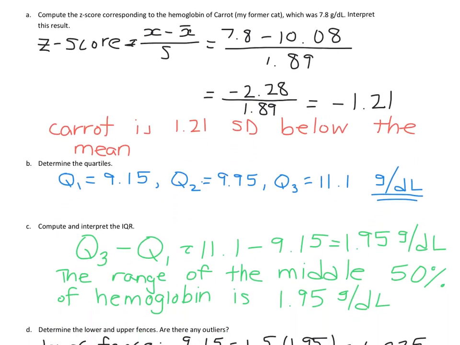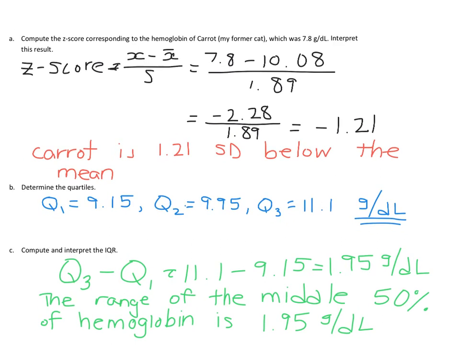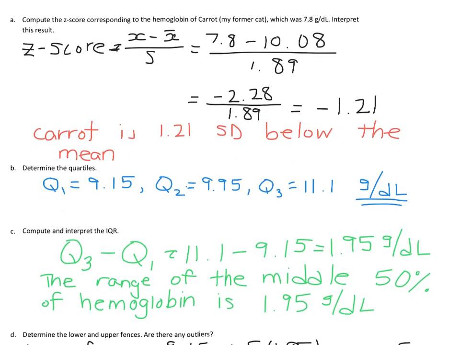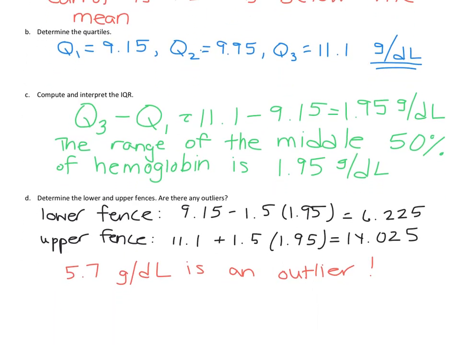And notice it's negative. That's perfectly okay. That just means that Carrot was below the mean of the hemoglobin. So negative just means to the left. Perfectly acceptable to have a negative z-score. Don't forget the negative. The negative part is important.